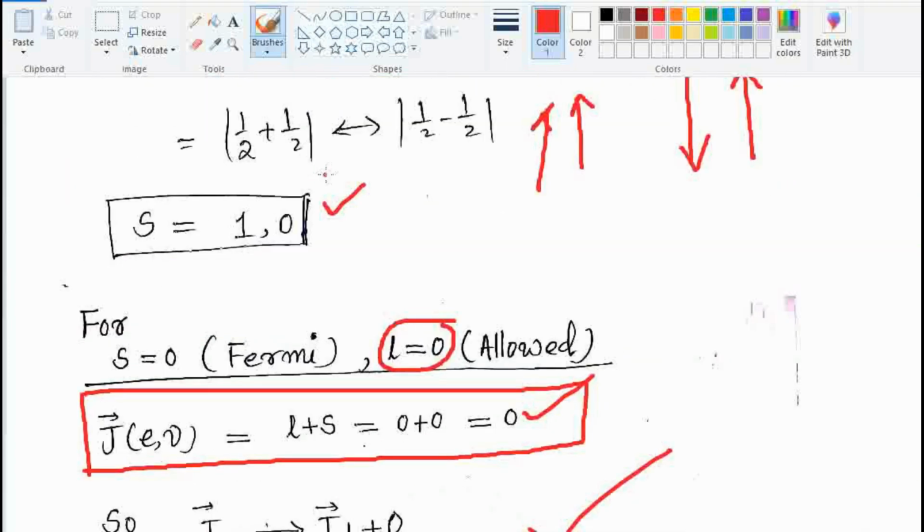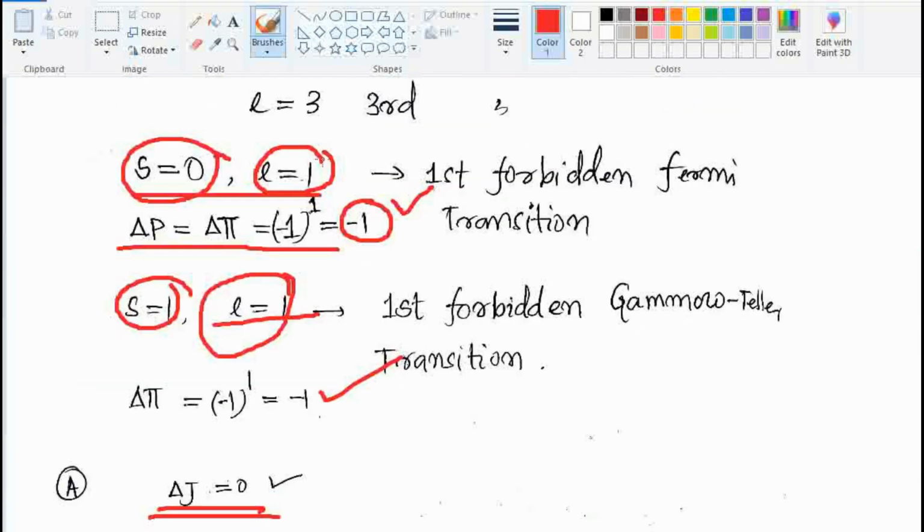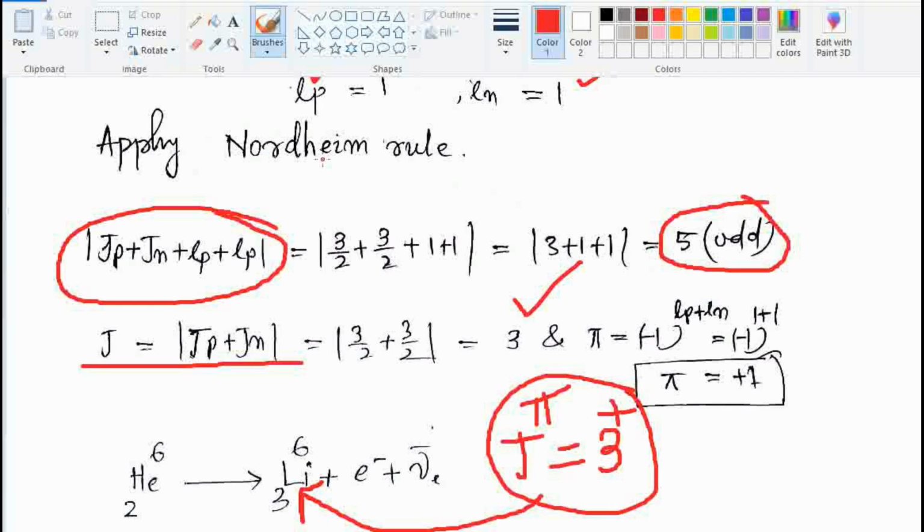It can take only the two values, 1 and 0, not values like 2, 3, 4, 5.